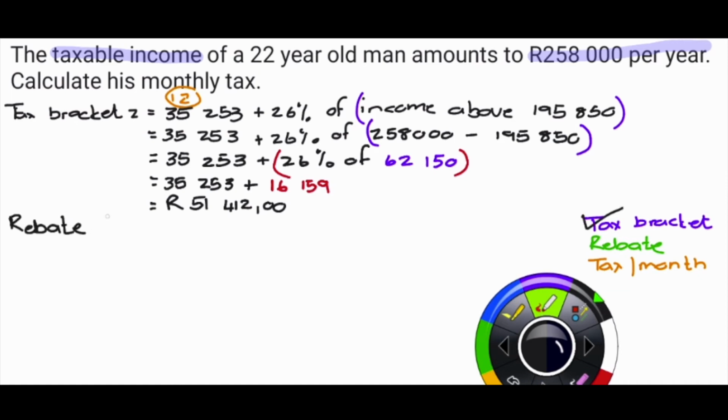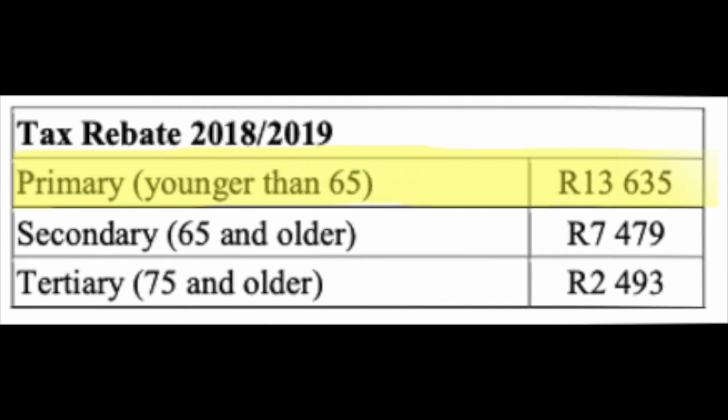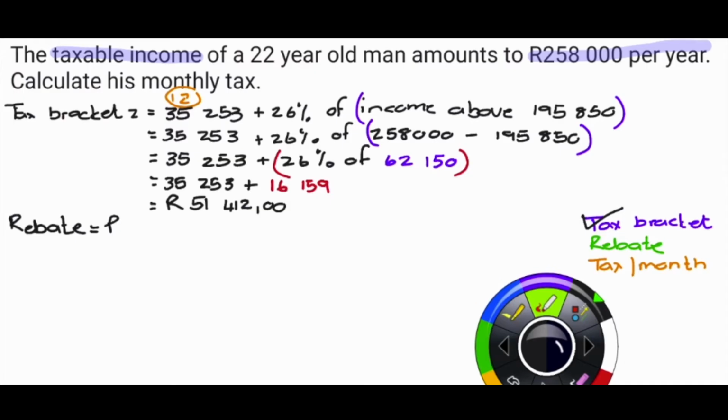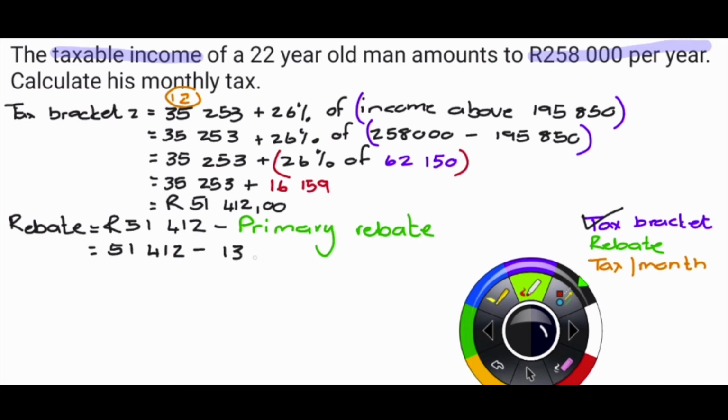Our next step is rebate. In this case, it's a 22-year-old man. This means he qualifies for primary rebate of 13,635. My calculation for rebate is 51,412 minus 13,635.